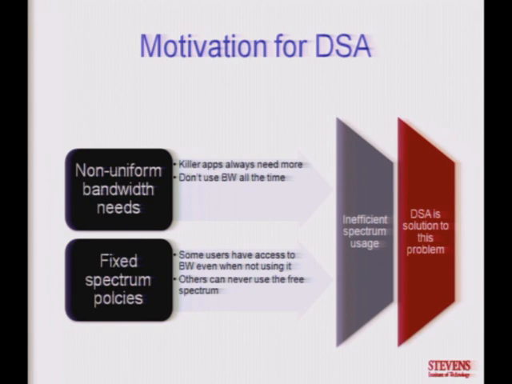They have been licensed only to use the TV band. Now, obviously, fixed spectrum policies are not efficient or not the best thing to do, because there are white spaces which could potentially be used by others which are not being used. It's just left idle. The solution is dynamic spectrum access.